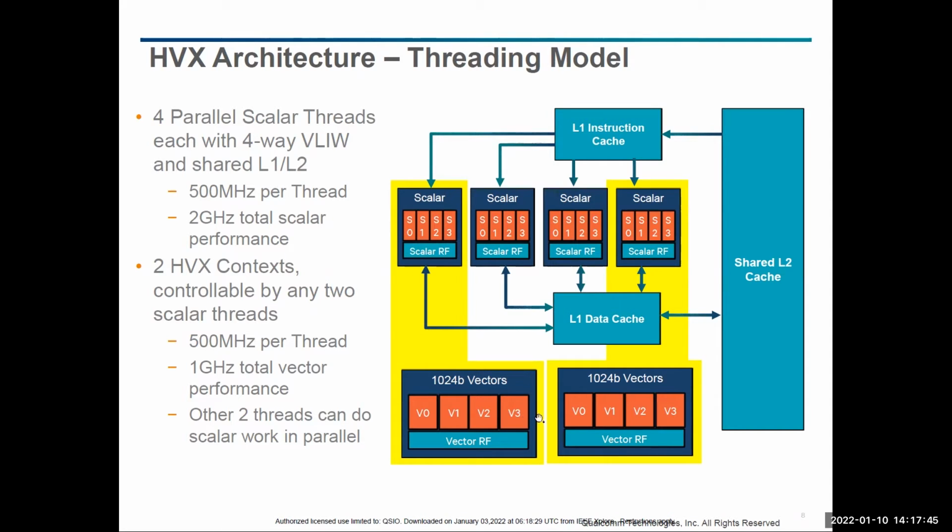If you remember from the previous slide, I mentioned that there is a vector unit that has 4 slots which can process four vector instructions simultaneously. This whole thing is called an HVX context. An HVX context comprises 4 vector slots, which can process 4 instructions in a single cycle. And we have 2 such HVX contexts on the Snapdragon 820 SoC.